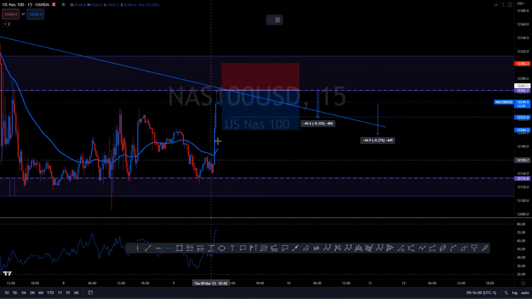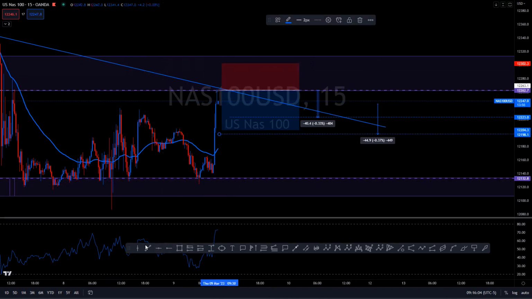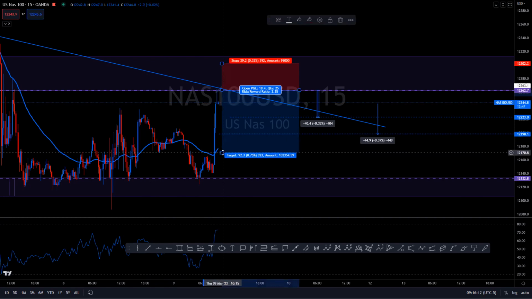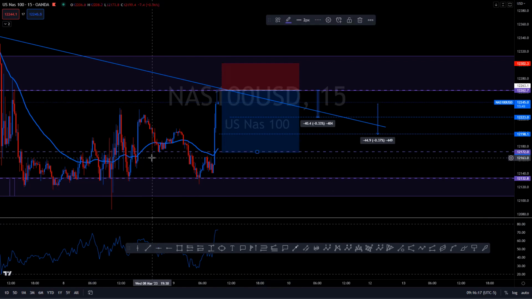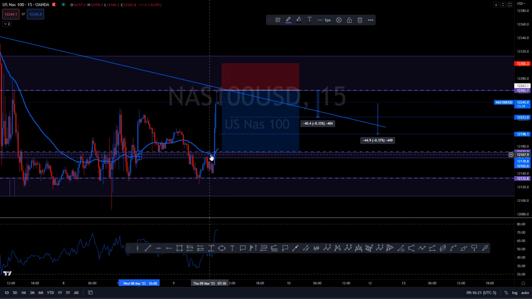let me do this. The ultimate goal is to get at least all this liquidity, maybe down to this point. So there might be a solid zone here. I might focus on maybe getting that.